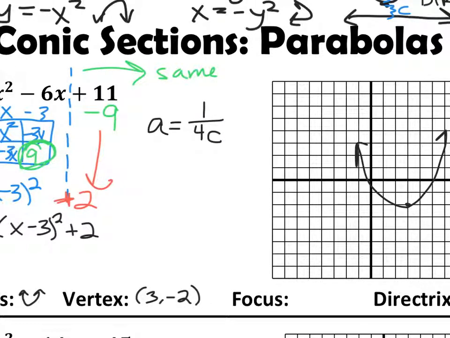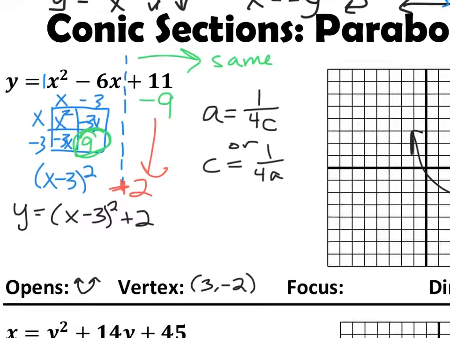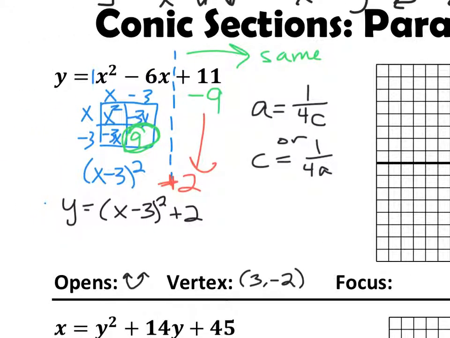Or we could say C equals my focal length equals 1 over 4A. It has a reciprocal relationship, so it doesn't matter which of those we're setting equal. So since I started with an equation, I need to use the second formula I wrote. So what is in front of my parentheses is a 1, which means that A is 1.